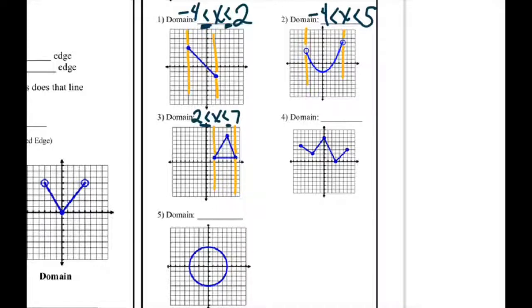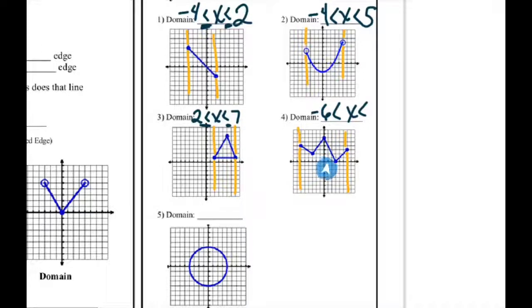Same thing, number 4. Domain is my left side to my right side. Domain is x. My x values are smushed between two numbers. The furthest number on the left is 1, 2, 3, 4, 5, 6. It's a negative 6.